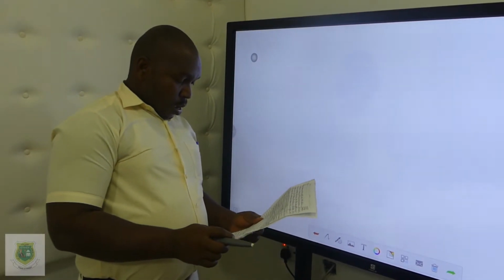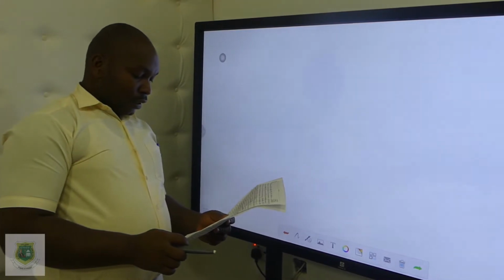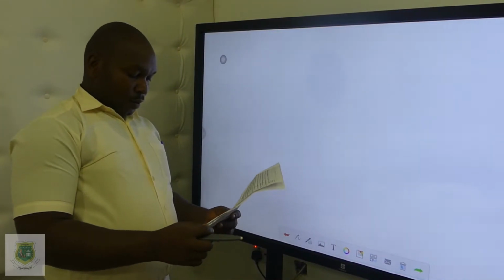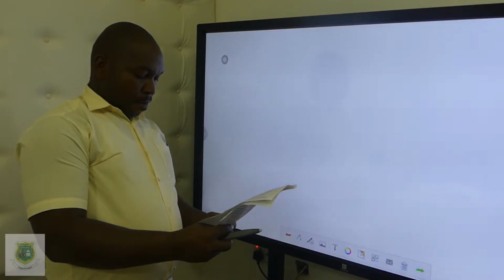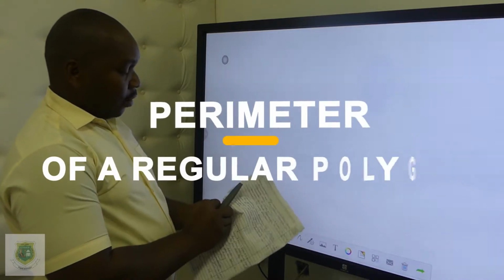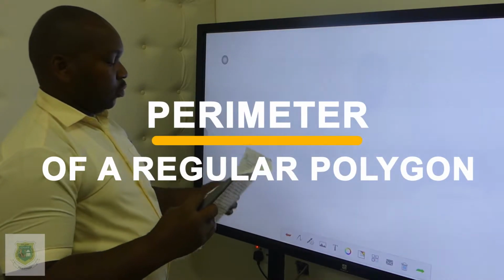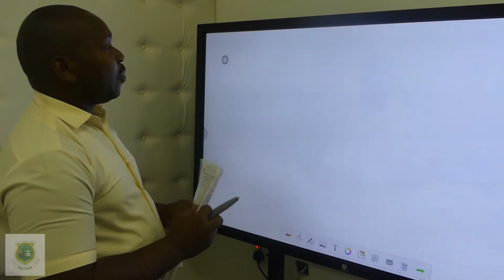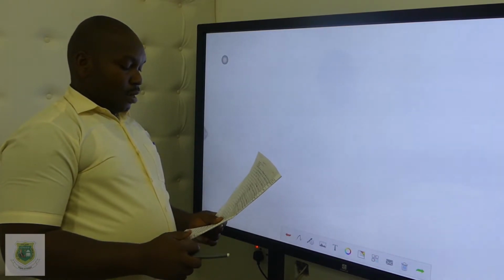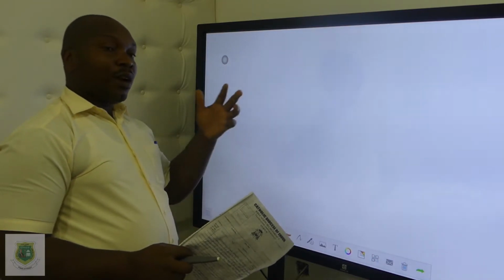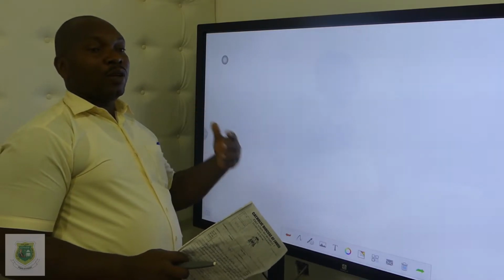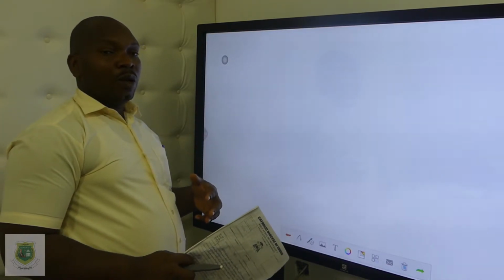Now, let's look at another polygon way of calculating. Let's look at the perimeter of a regular polygon. Just like we have been doing triangle, square, rectangle, these are polygons we know.